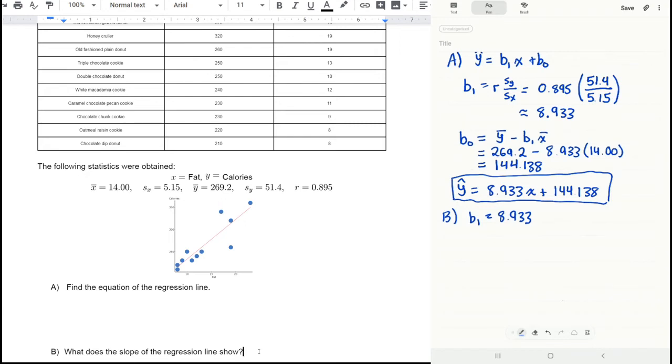So what we have here is that the x variable is the amount of fat content, which is measured in grams.